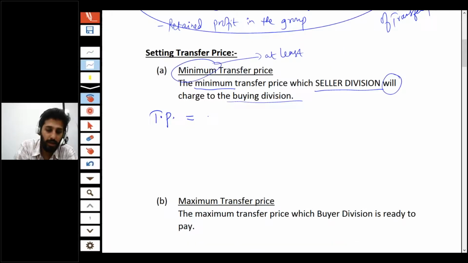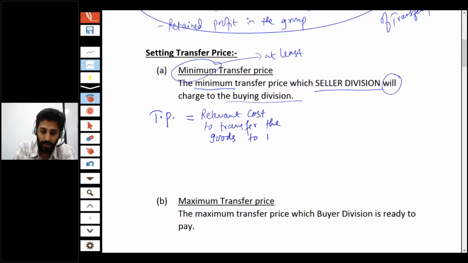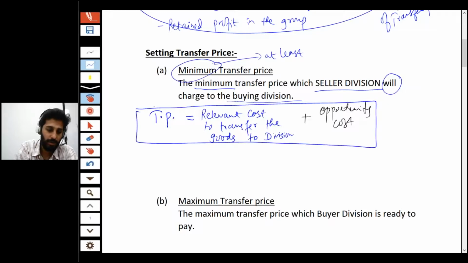So you will be having relevant cost to transfer the goods to the buying division, plus opportunity cost. Now what is this opportunity cost?